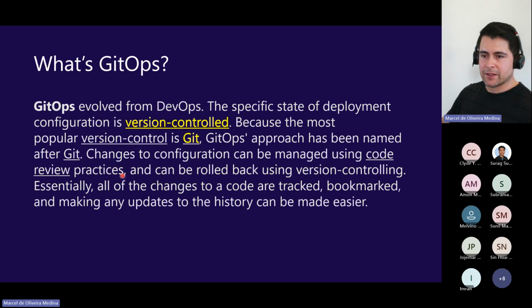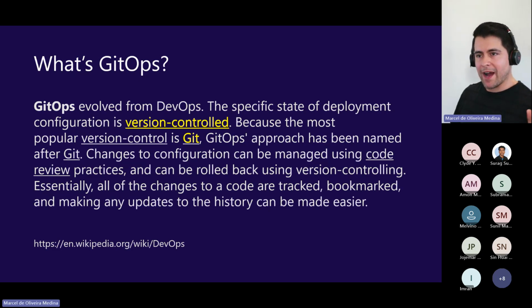But the idea is that things can be rolled back using the version control, and essentially all the changes to the code are tracked and bookmarked, making any update to the history easier. So it's basically having control of what you are delivering.